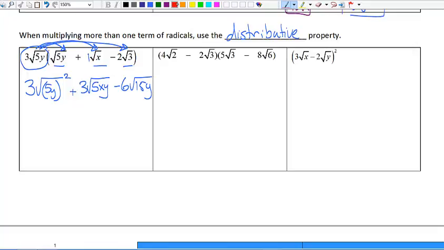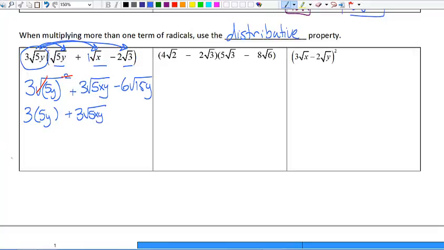Now I still need to simplify here. So the 2 and the square root undo each other, so I just have 3 times the inside, 5y. On the second term, 5xy. Well, 5 is prime and there are no groups of 2, so that's going to stay as is.